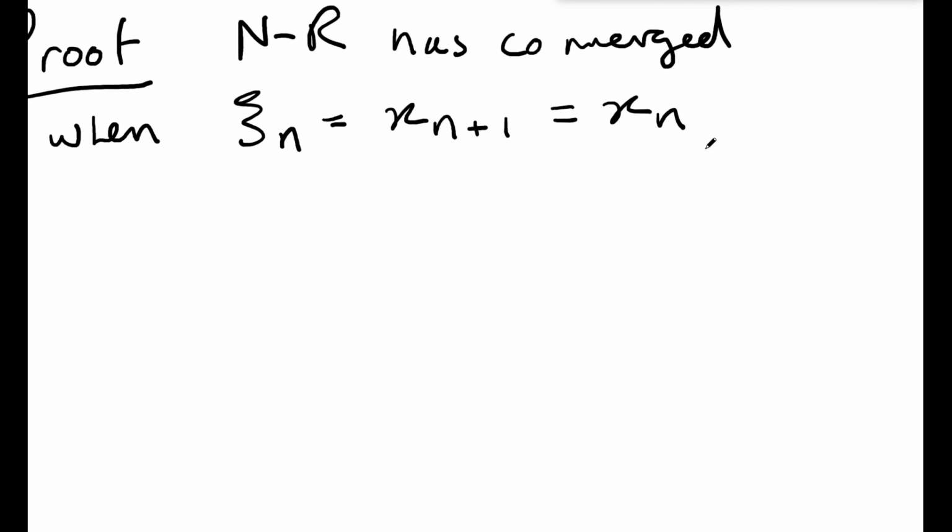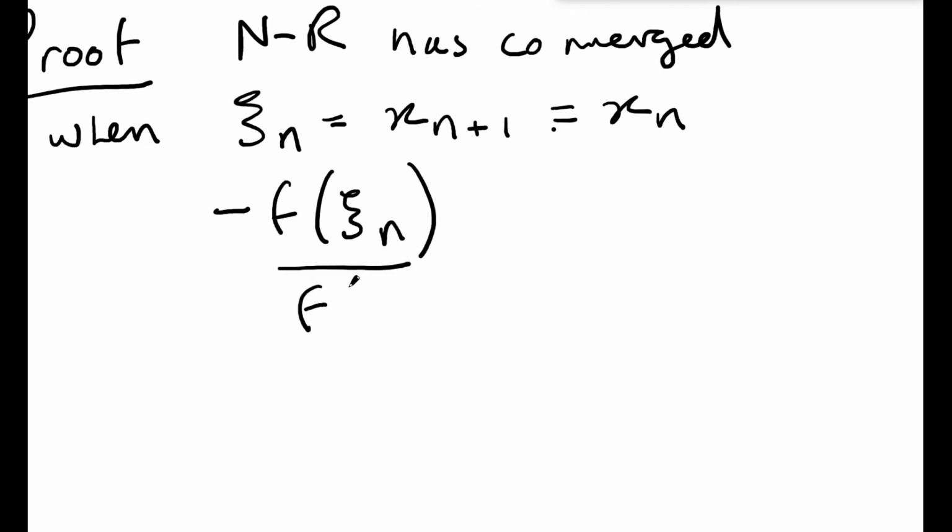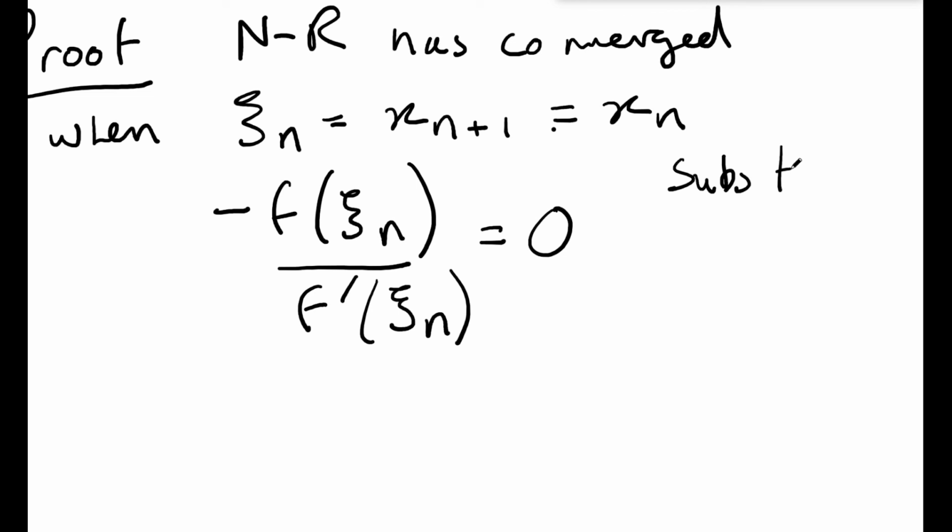xn plus 1 and xn cancel, and that gives then that f of psi n on f prime of psi n is 0. That's just substituting into your Newton-Raphson formula. So that's the state of when your problem has reached the root.